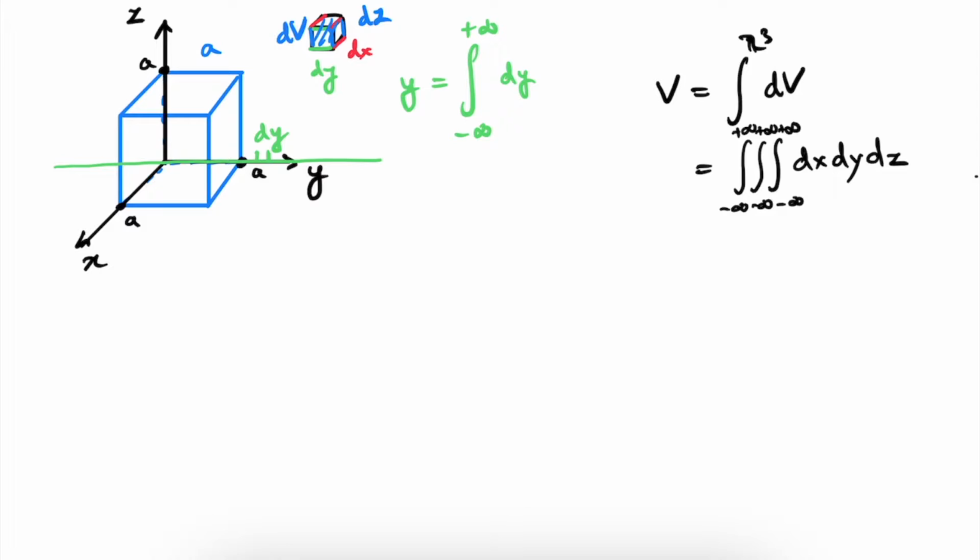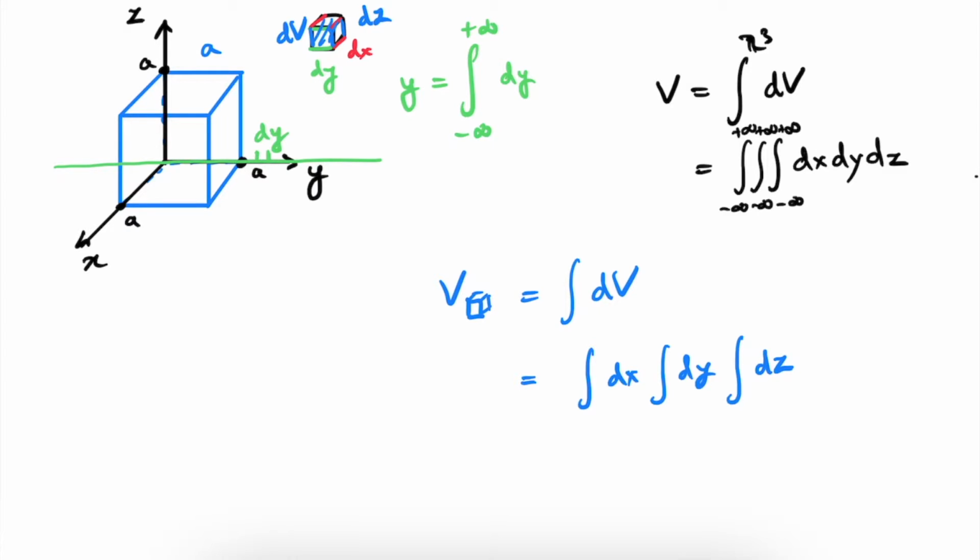Knowing this, how do we now calculate not the volume of the entire space, but the volume of our cube itself? Well, we know that this is of course the integral over the infinitesimal volume element. And as we saw, we can write this as three integrals, one over dx, one over dy, and one integral over dz.